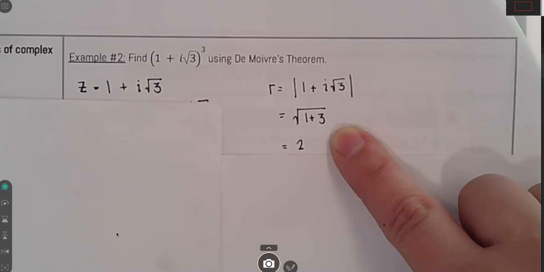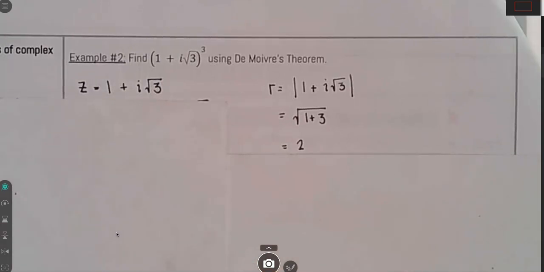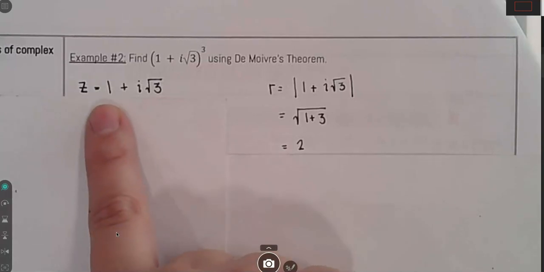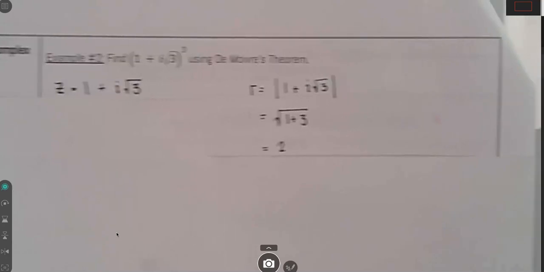So from here, you would need to figure out what your theta is using your real and imaginary part. And then plug it in. Do you guys feel like you could take it from here, or do you need a little more? Wait, is that Z equals, yeah, that's an equal sign. Z equals 1 plus, let me zoom in a bit.